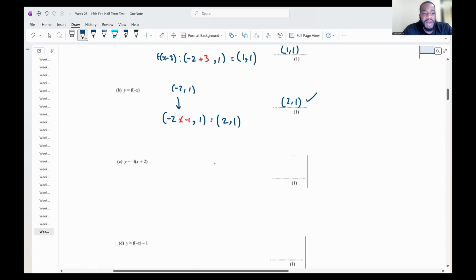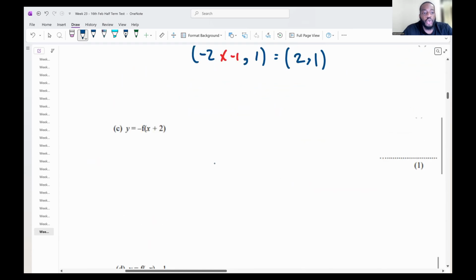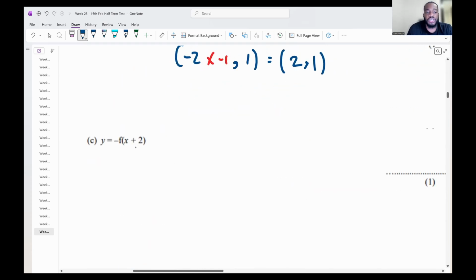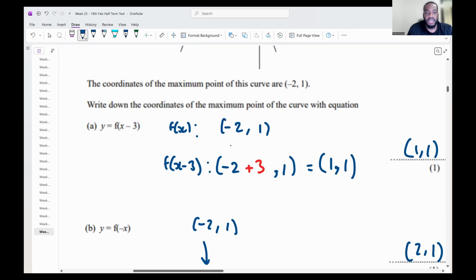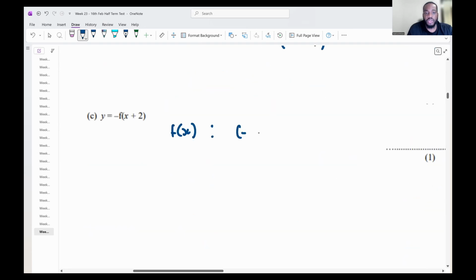Next one is minus f of x plus 2. There are two transformations going on here. The point for f of x is negative 2, 1. You want to do it step by step. It doesn't actually matter which order you do it in with these ones specifically. Let's do f of x plus 2 first.